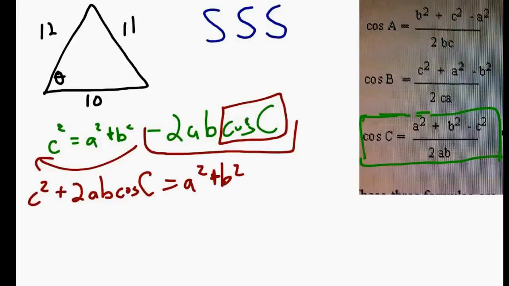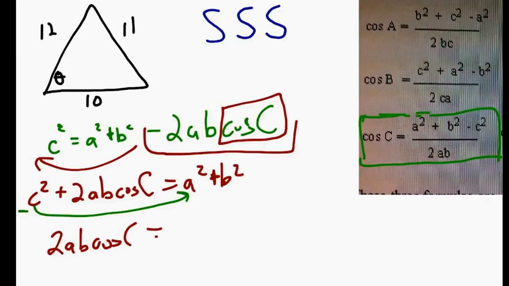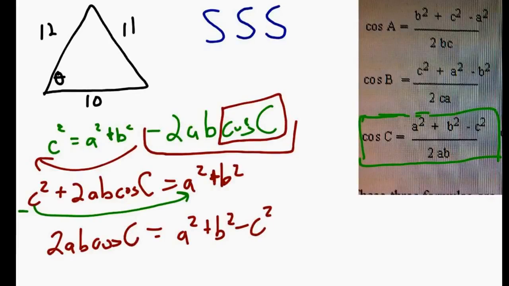Then the next step is bring the c squared over, so we have to subtract it. So then we get 2ab cos c equals a squared plus b squared minus c squared. And then the last step is get rid of the 2ab.